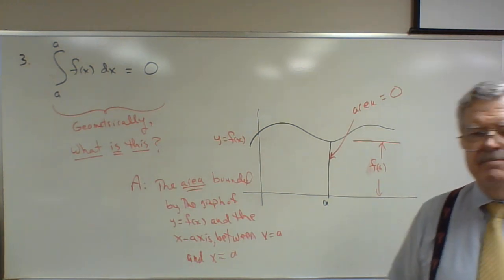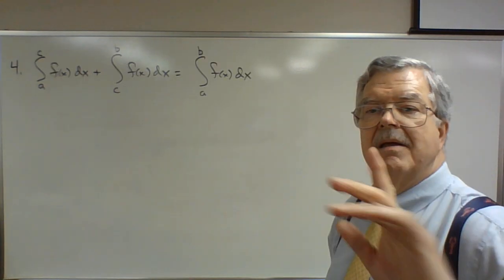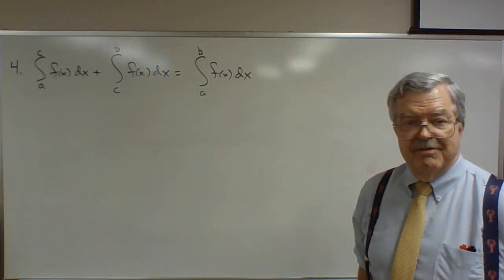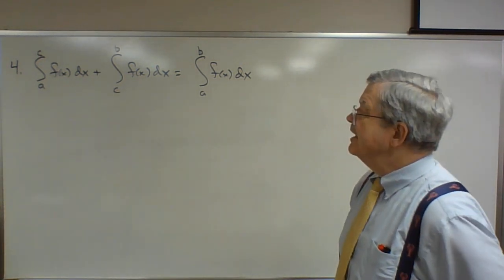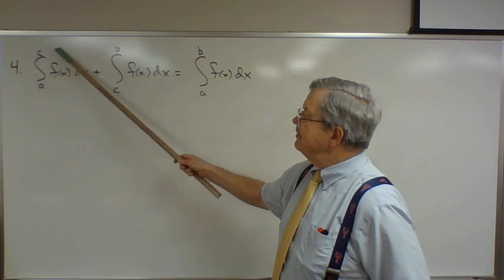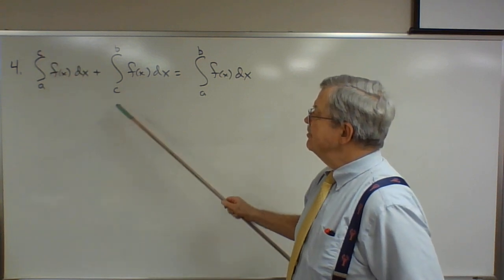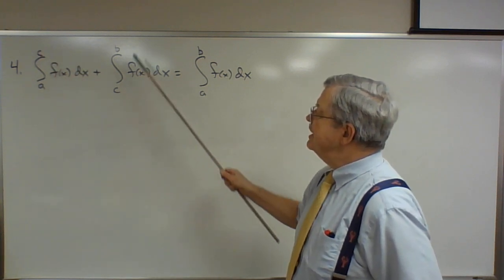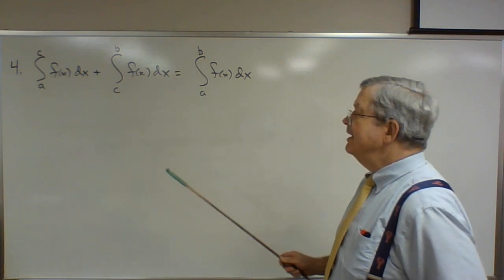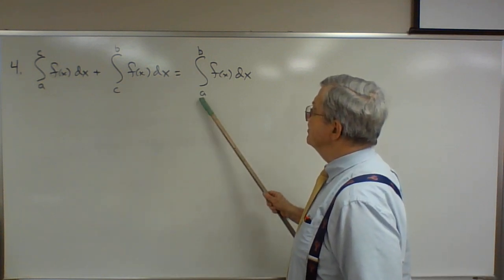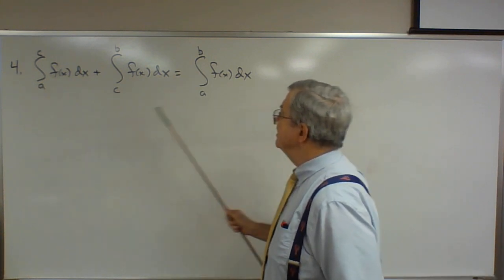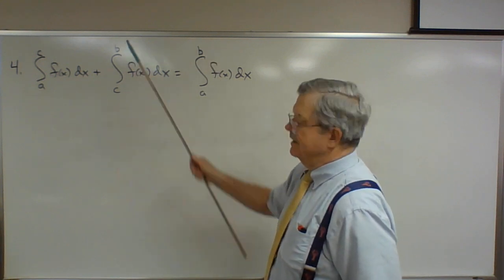Next property of definite integrals. The integral from a to c of f of x plus the integral from c to b of f of x is equal to the integral from the lower limit of the first to the upper limit of the second.